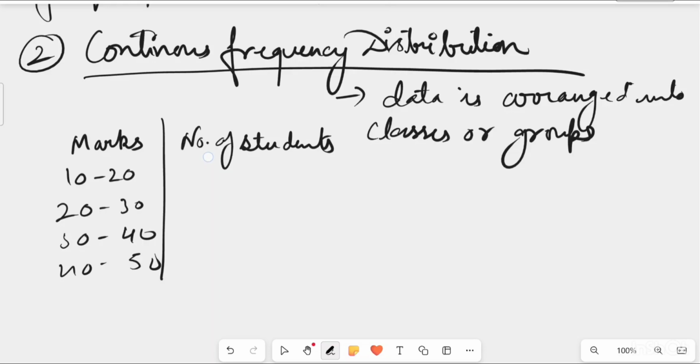Number of students 1, 2, 3, 4. So total will be 10. This is continuous frequency distribution.